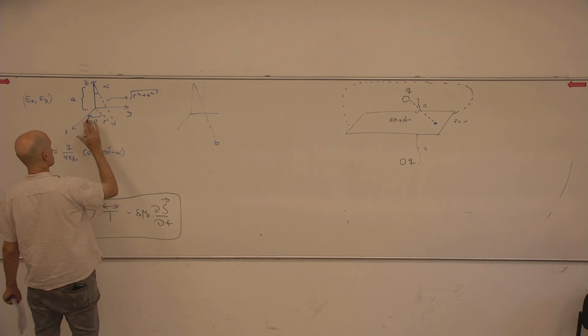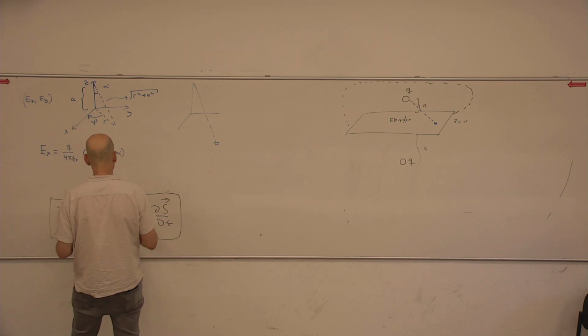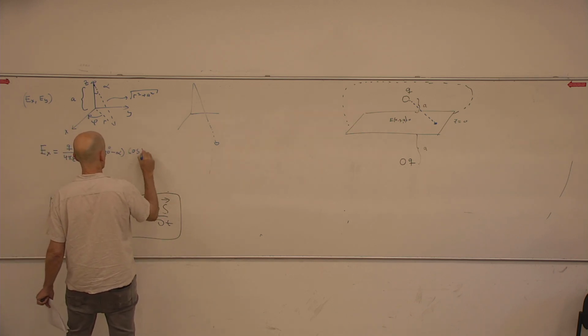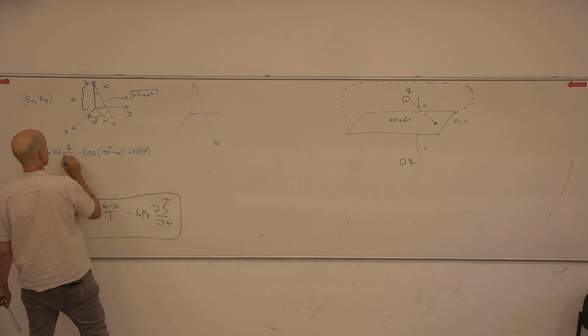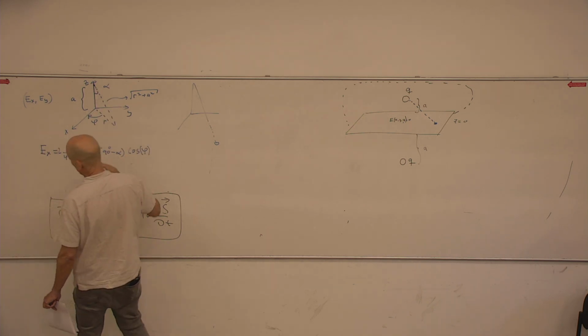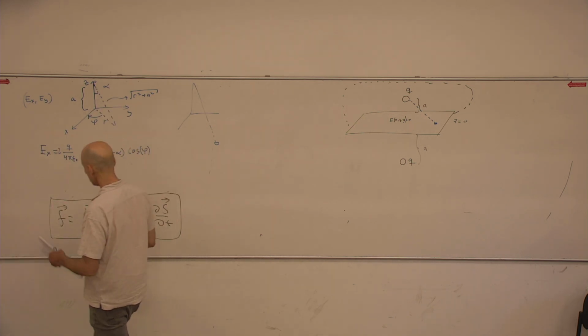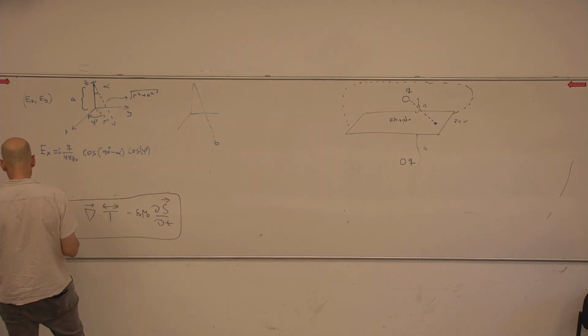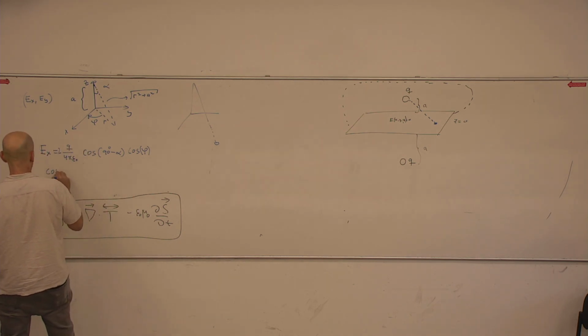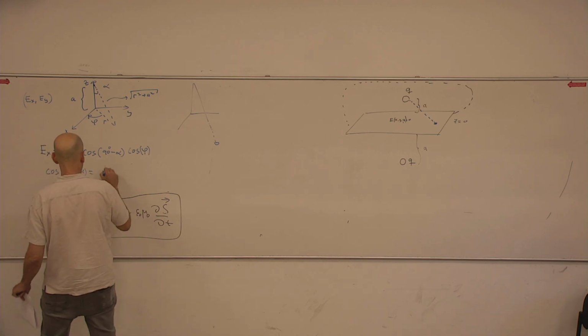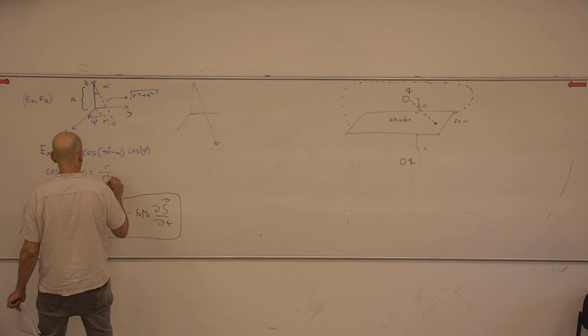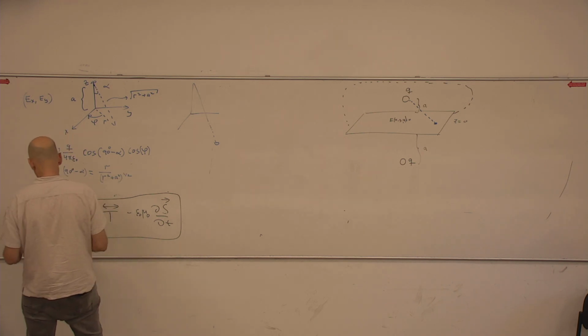The x is the projection, cosine phi. And if I'm not mistaken, there is a 2 because there are two charges, one on top and one on the bottom. And cosine 90 minus alpha, that's easy to get. This is just r over r squared plus a squared to the power half.